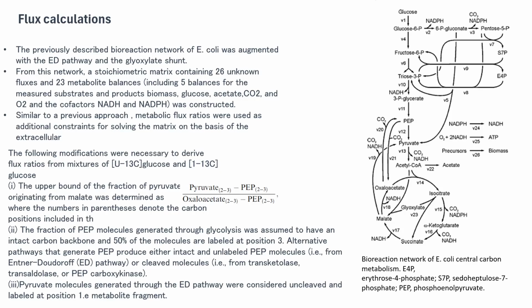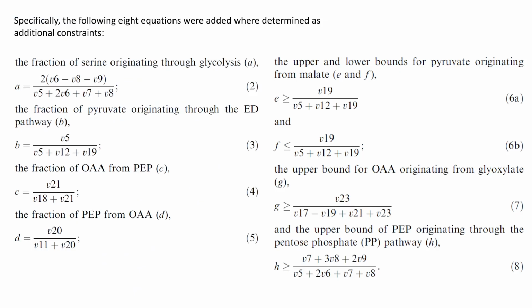So either it is coming from the glycolysis pathway, or it is coming from this ED pathway. If it is coming from this ED pathway, it will either be intact or unlabeled PEP molecules or cleaved molecules. But if it is coming through glycolysis, then 50% of the molecules will be labeled in position 3. Okay, so this is how the flux calculations are made.